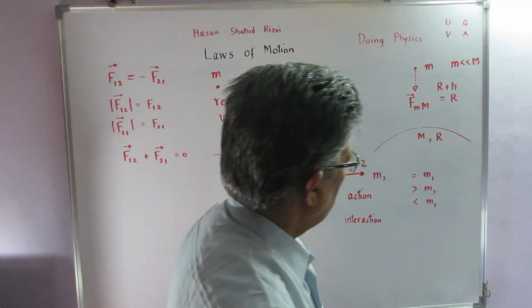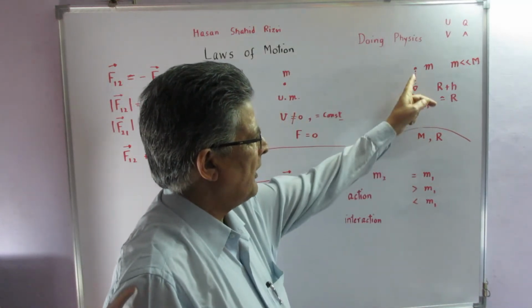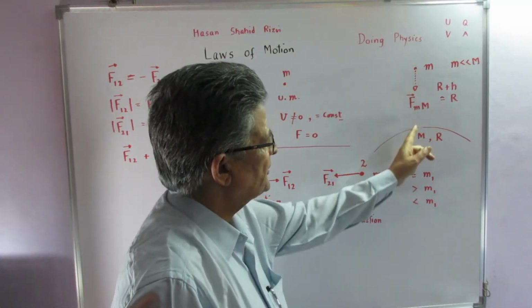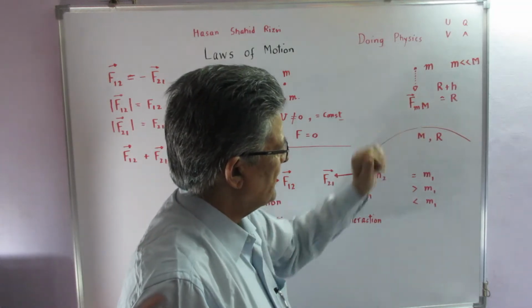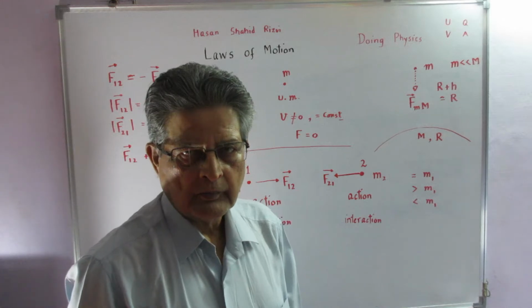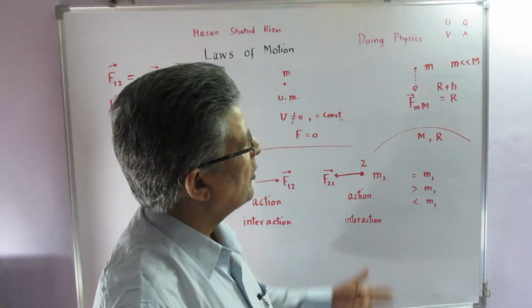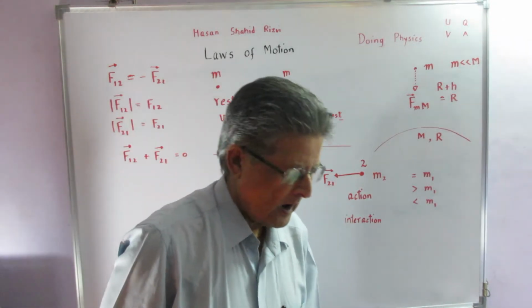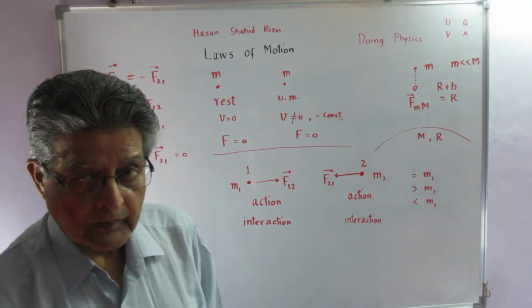So this body is falling towards the earth, and the force applied on it is F_mM. So the question is, where is the other body located?